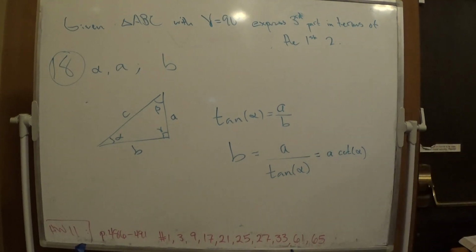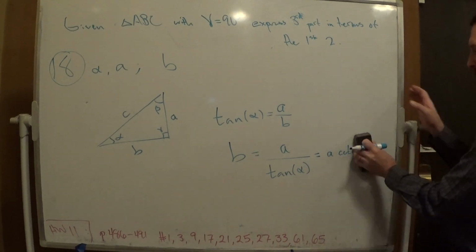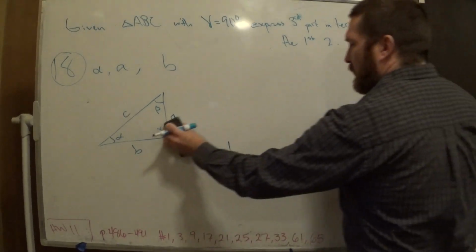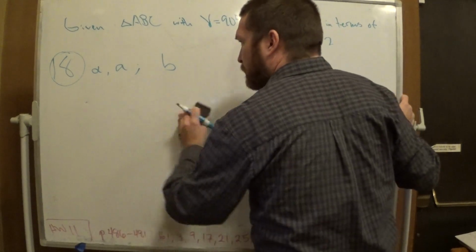So before we get to the fun stuff, there's another thing I wanted to talk about. There are a couple of things that are going to show up. One of them is called the angle of elevation and the angle of depression, and that is the following.